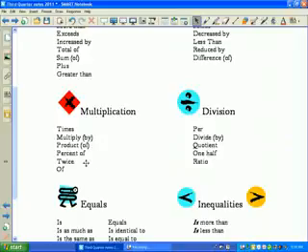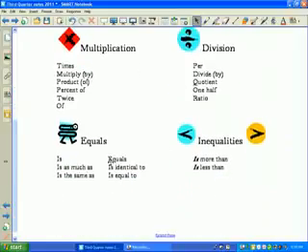Multiplication is product of, percent of, twice, or just the word of. For division, you'll see per, quotient, or quotient of. For equals, which is a big one, as much as, is the same as, is identical to, or is equal to will indicate equals.